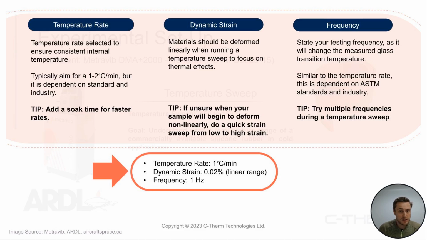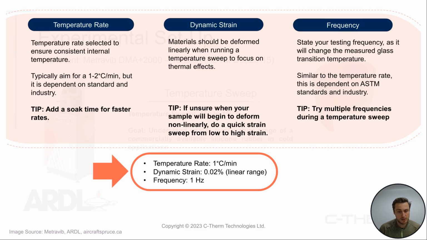And then the dynamic strain, we did it in the linear region. This is extremely important when doing a temperature sweep because you don't want to mix the effects of strain and temperature together. There's thermal expansion, your stiffness is changing, so there can be a lot of compounding effects when you're in the nonlinear region.